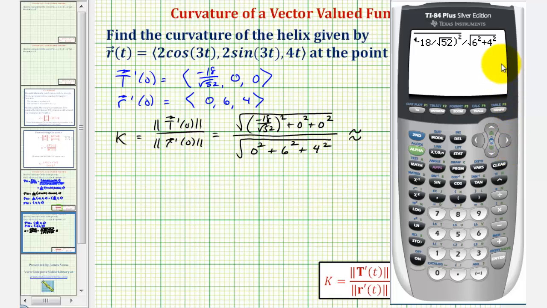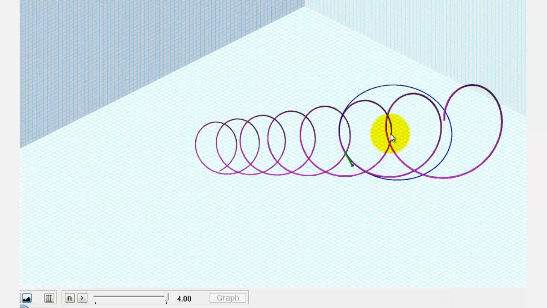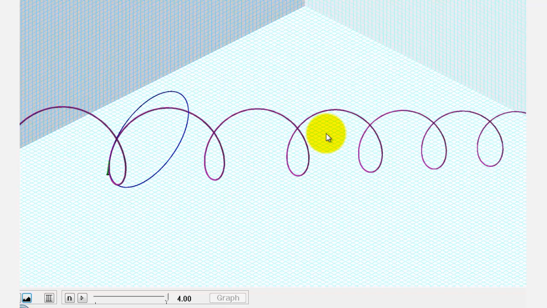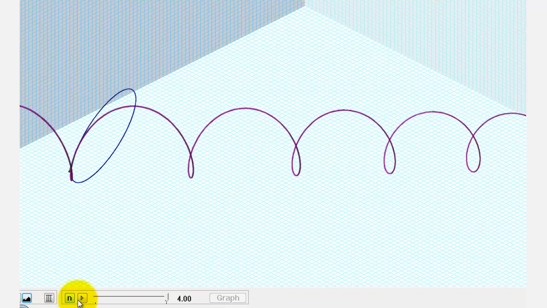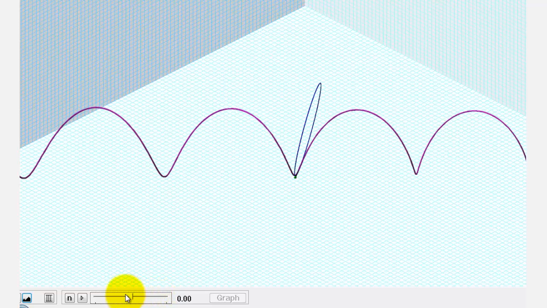Right arrow, and now we can just press enter, and notice how the curvature is approximately 0.3462. Which again, going back to the graph, is equal to the reciprocal of the radius of this circle of curvature, which again does remain constant at any point on this helix.